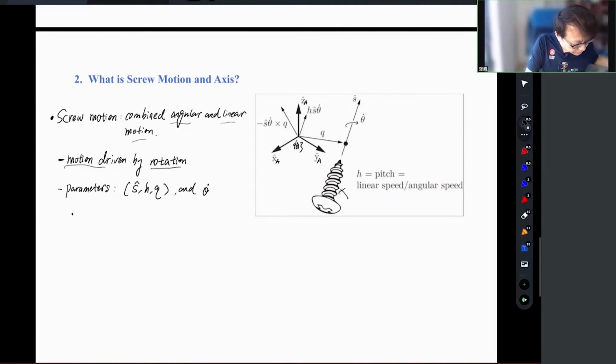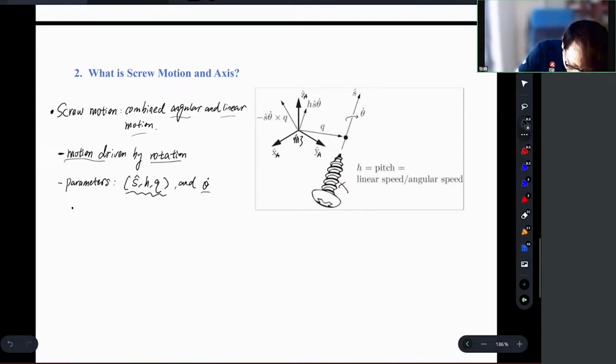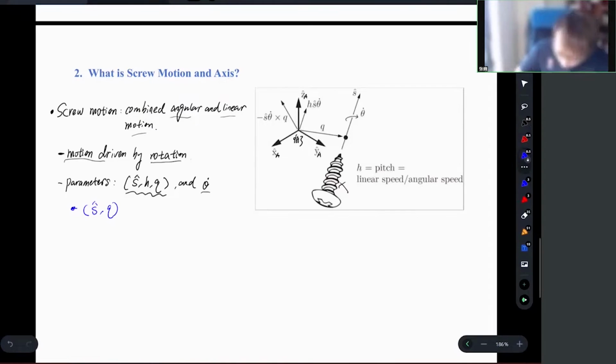The first one is this, and the second one is how fast the speed is. Let's decouple them again, right? So here, I would say the screw motion has a rotation axis, which is defined by this S hat. In this case, S hat is the rotation axis direction, and Q is a point on the rotation axis.